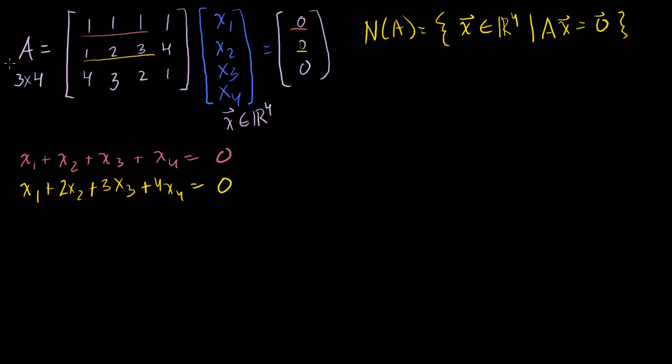And then finally, we have that times this vector should be equal to that 0. So you can take the dot product of this row vector with this column vector, which should be equal to that 0.